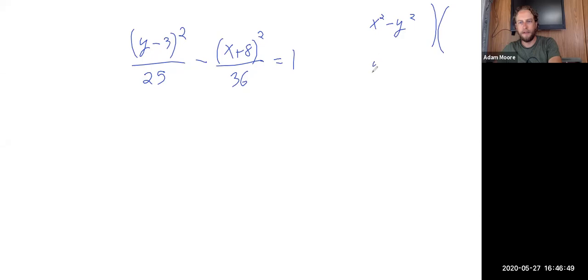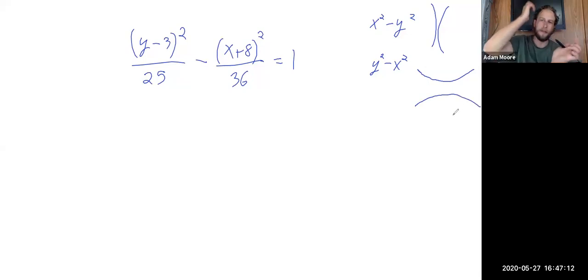But in this case, if you have y squared and then the x squared, the x is the one being squared, then that means that it was stretched out so far left and right that eventually the x part got parallelized, and now it is being stretched up and down, stretched outward. So when you have a minus x squared, you have a hyperbola that's stretching on the x-axis so far that it is bending outward that way.